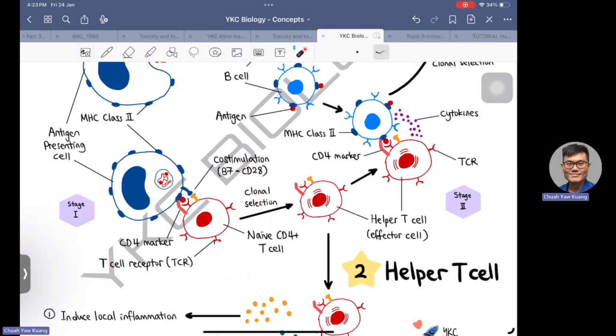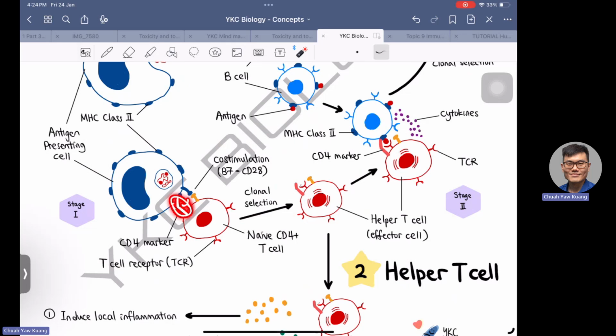When the antigen presenting cell is presenting the antigen on the MHC class II molecule, the naive CD4 T cell will come and recognize the antigen with the T cell receptor. At the same time, the CD4 marker of the naive CD4 T cell will also bind to the MHC class II molecule.